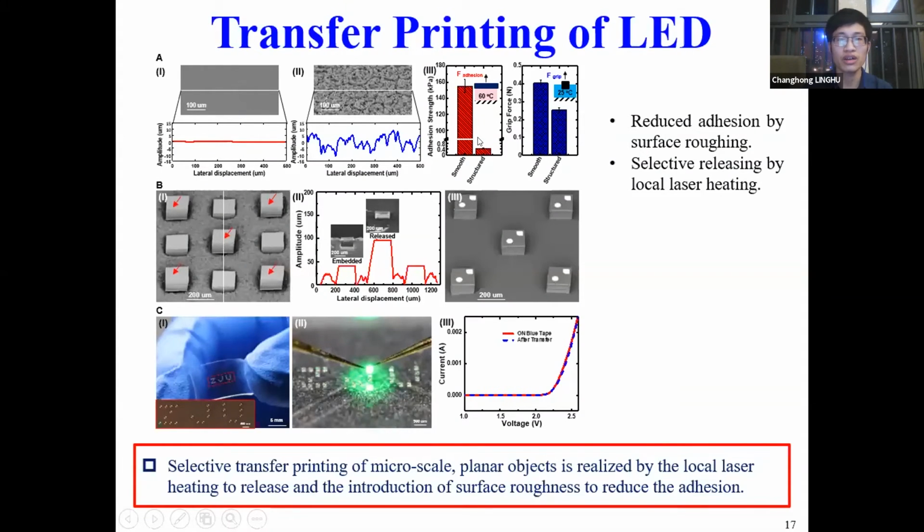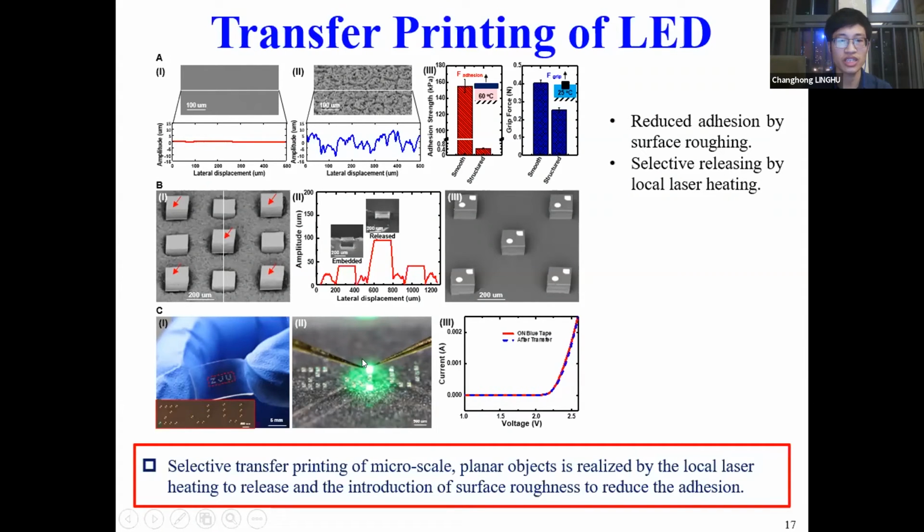By the local heating of a laser, the SMP can release the LED chips selectively. And this enables programmed printing of the LED chips. By scanning of the laser heating, we can print the LED chips onto the substrates with the desired pattern, as shown here.